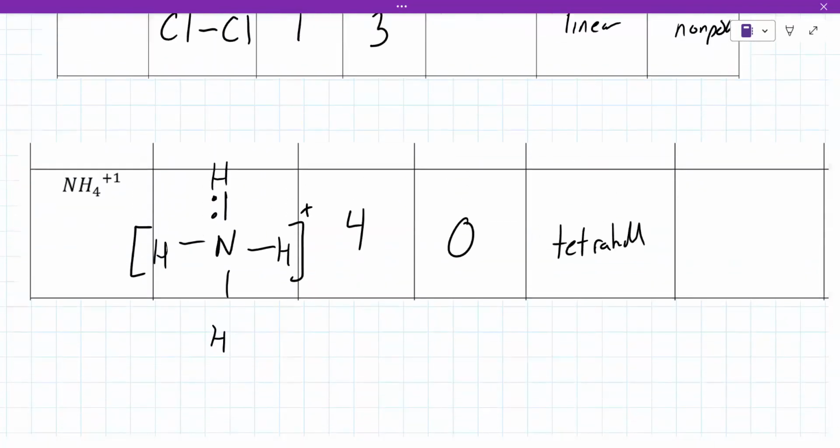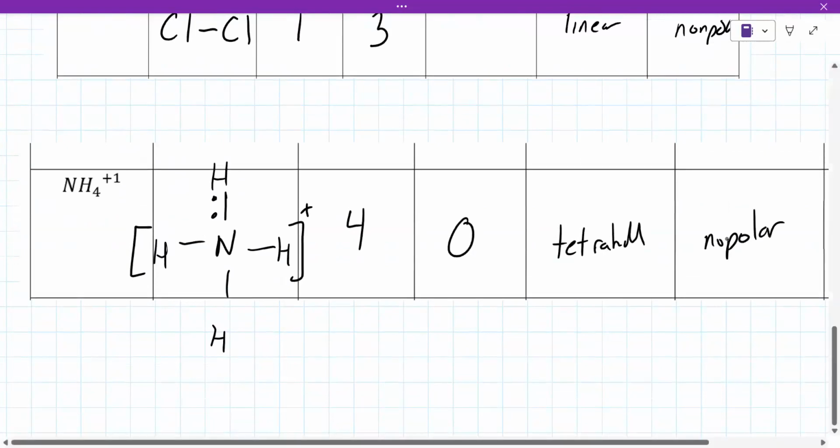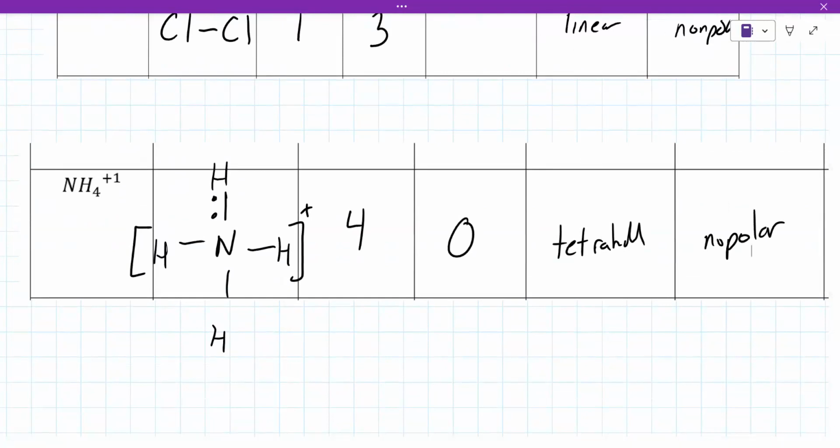And then let's see, NH4 plus is polar. Nope, I'm sorry, it is non-polar. Maybe we can spend a little time on that once we get through everything. So NH3 is next, looks like.